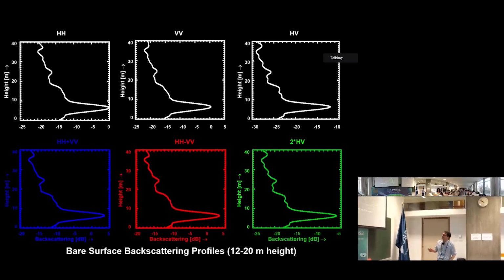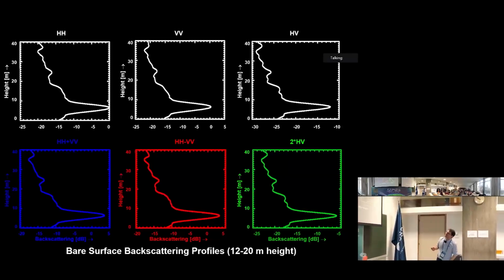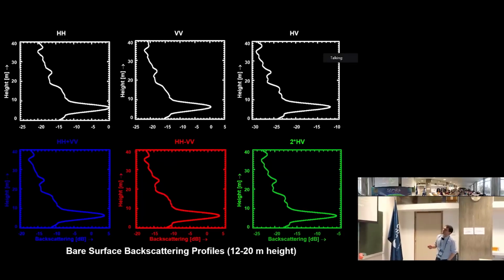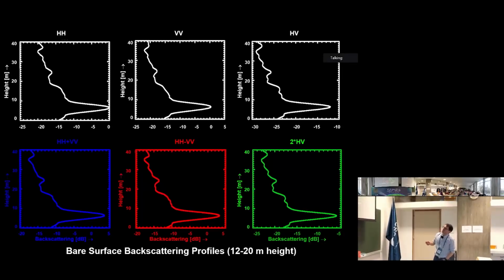Very reduced. For instance, in HH plus VV, where your surface should be maximized, it's between 0 and 5 dB. And here in HV it's already below minus 5 dB, so it's very attenuated, but still it's there.